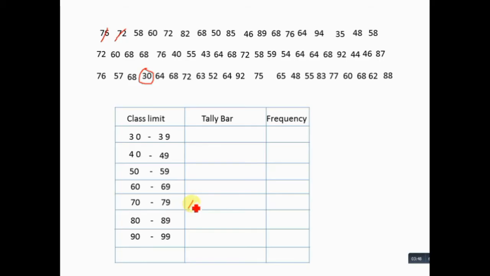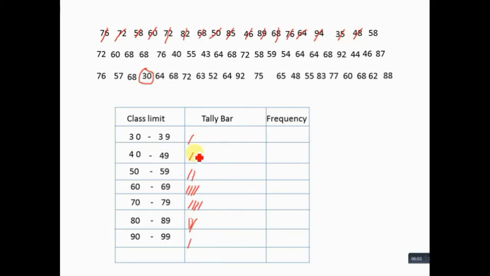So we mark here. Similarly, 72 also falls in the same class. 58 falls in 50 to 59. 60 goes to the class of 60 to 69, 72 goes to the class of 70 to 79, and so on.